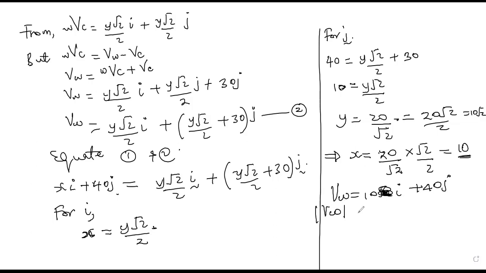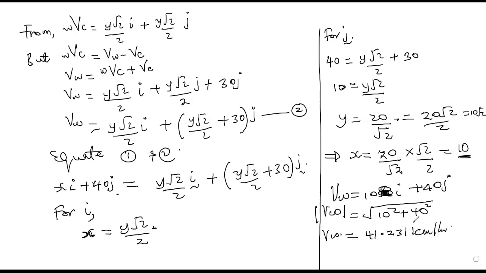Then we get the magnitude. Velocity of wind is equal to the square root of 10 squared plus 40 squared. And you get your velocity of wind as 41.231 kilometers per hour.